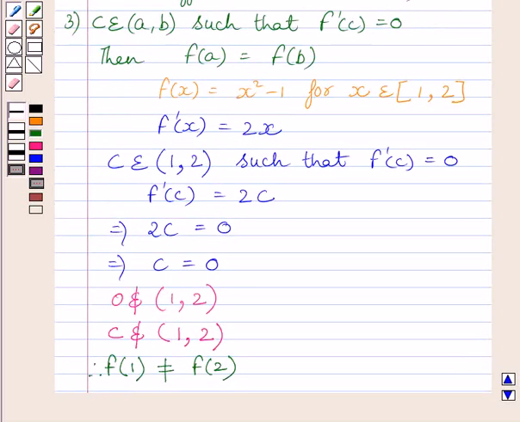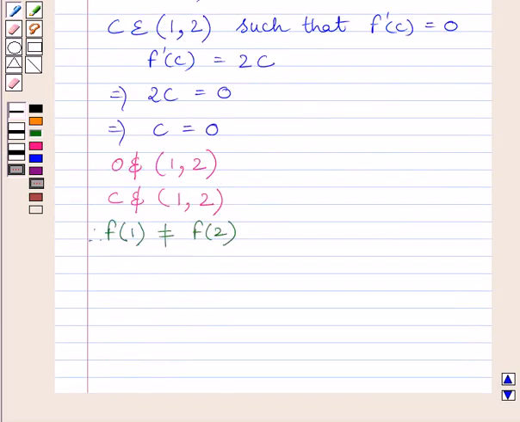Converse of Rolle's theorem states that f(a) is equal to f(b) only when c belongs to open interval (a, b). Here c does not belong to open interval 1 to 2, so f(1) is not equal to f(2). We can verify this result by finding the values of f(1) and f(2).